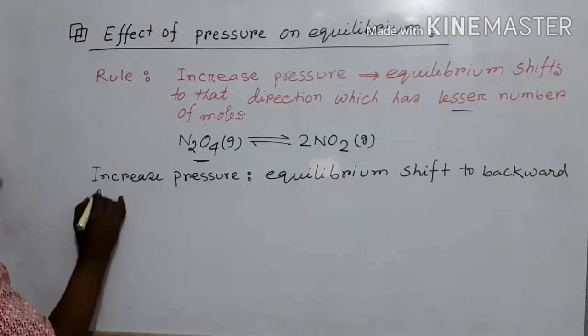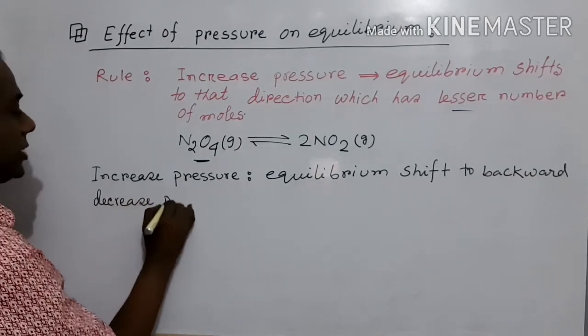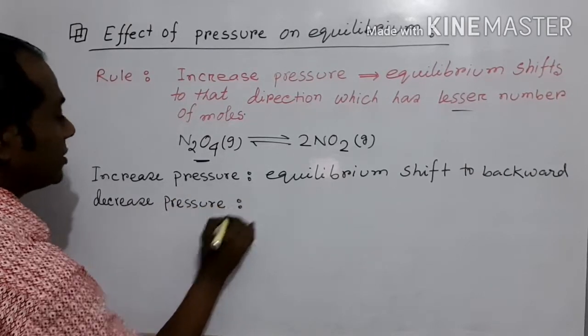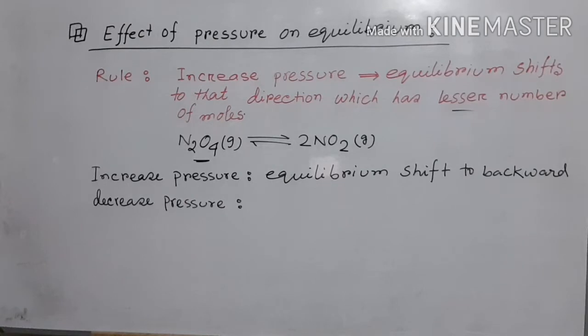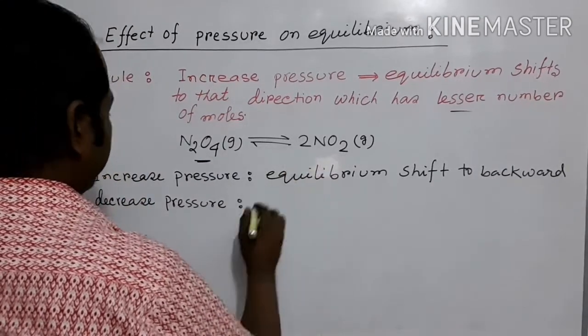If we decrease pressure, then the equilibrium is disturbed and tries to undo the change of pressure and equilibrium shifts to forward.